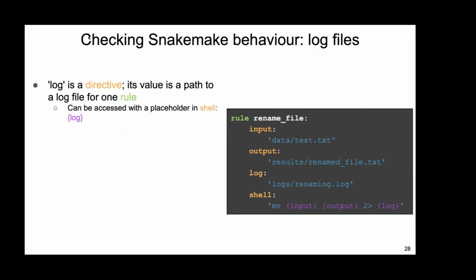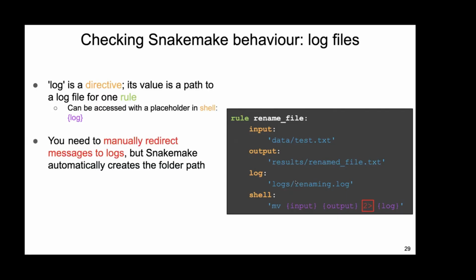The way that this works is that you have this log directive, and then you put a value that is going to be a path, and Snakemake is going to take care of creating that file for you. However, there is one tiny little thing that you need to do, and it is using this type of notation to redirect those messages to the log files that you have created. And you can redirect it to the log file directly by using the log placeholder once again. So here we have a combination of the things that we've learned.